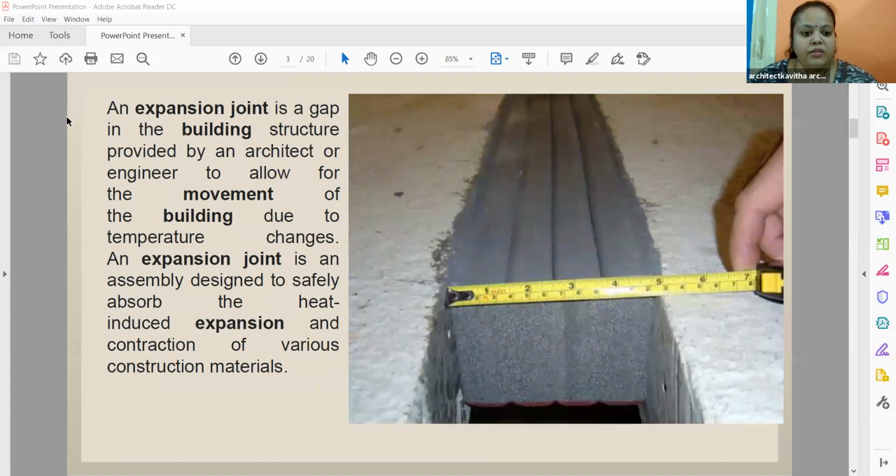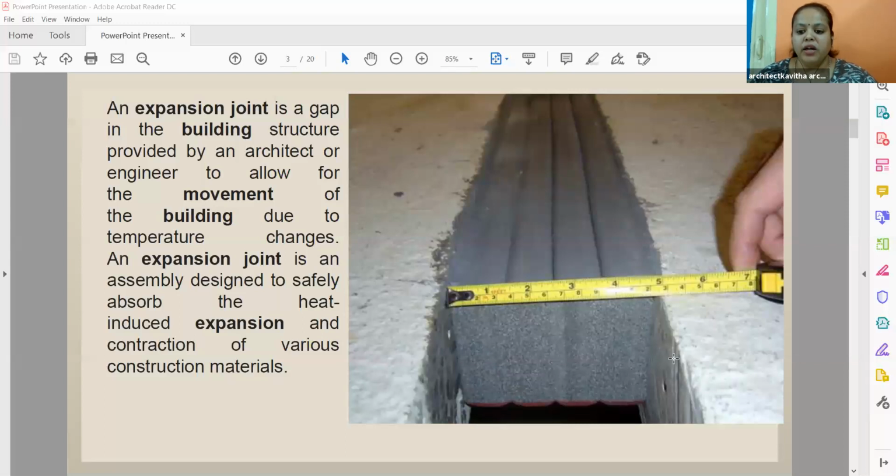The first one: an expansion joint is a gap in the building structure provided by an architect or engineer to allow for the movement of the building due to temperature changes. So it is just the gap.